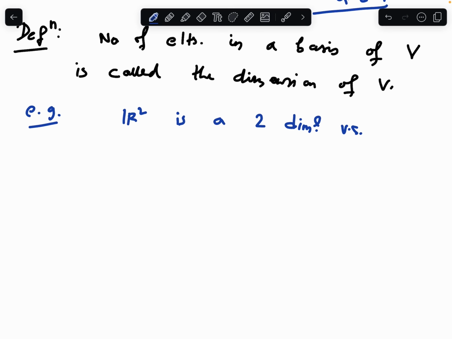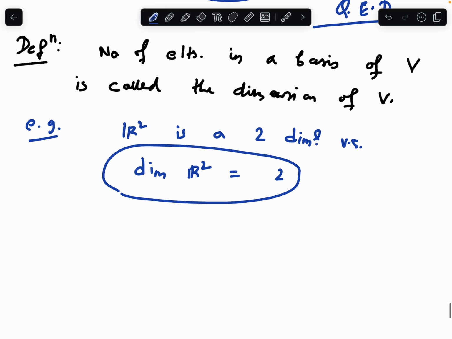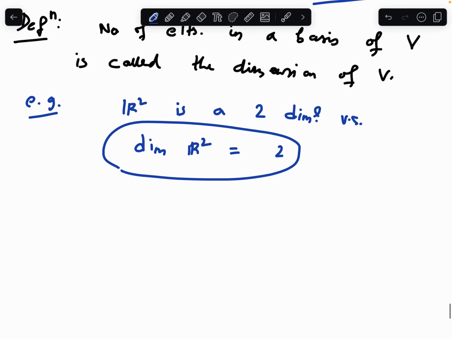Now we're calling it a two-dimensional vector space because the dimension of R2 is 2. Why? Because if you take a basis of R2, take this basis E1, E2, the standard basis, how many vectors are there? Two vectors. So its dimension is 2. So this is a basis of R2.